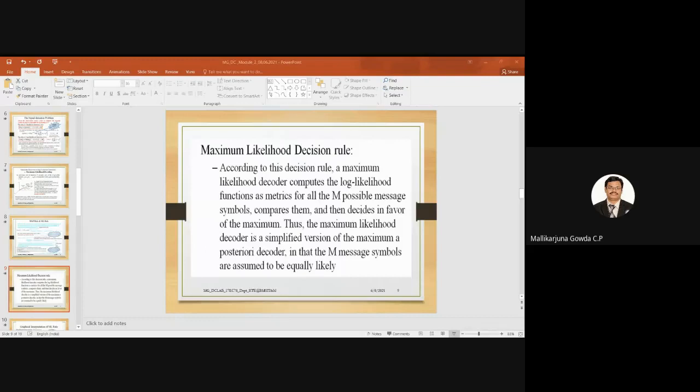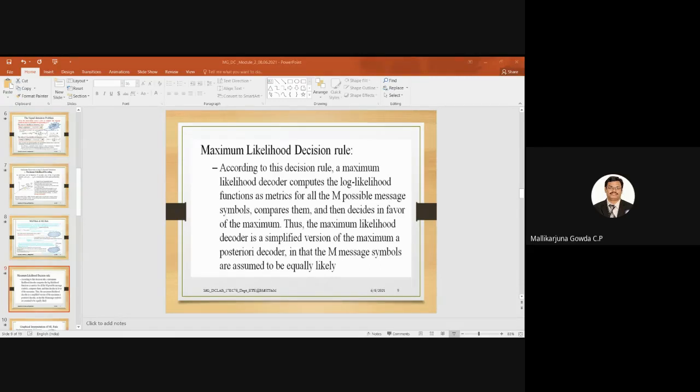According to the decision rule, the maximum likelihood decoder computes the log likelihood functions as metrics for all the m possible message symbols, compares them, and then decides in favor of the maximum. That is what the maximum likelihood decision rule is.